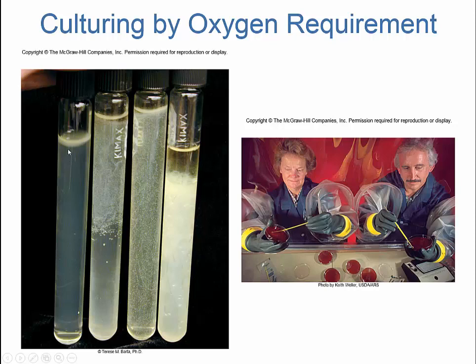Hopefully you decided that this microbe is an aerobe, or possibly even an obligate aerobe. Contrasting though, if you look here, you can see that there's this microbe that can grow distinctly all throughout the tube. So if the microbe can grow in the presence of oxygen and in the absence of oxygen down here deep within the tube, what type of microbe might it be?